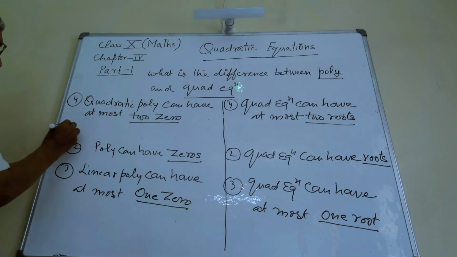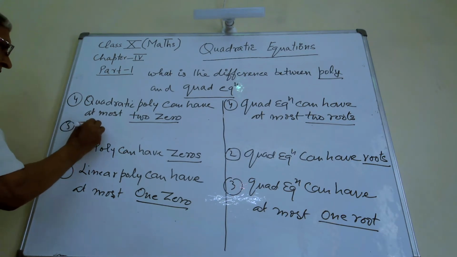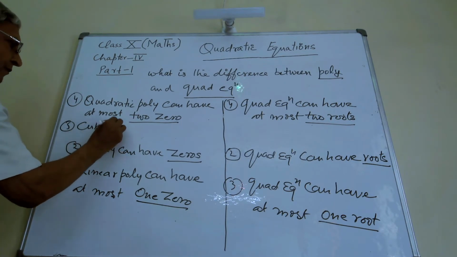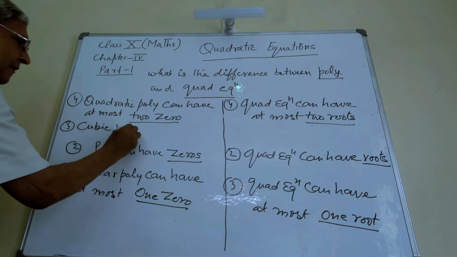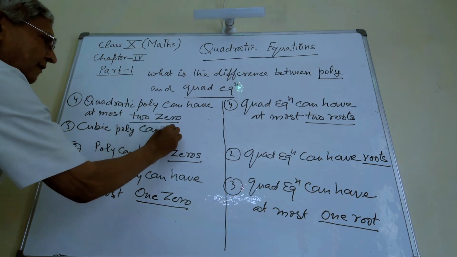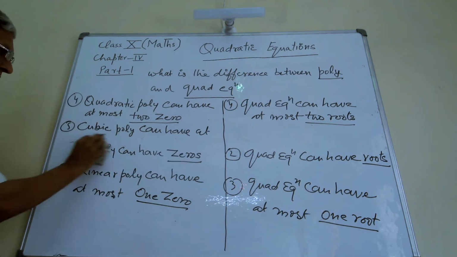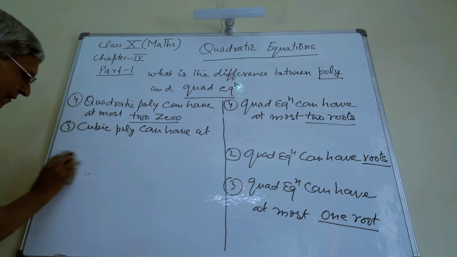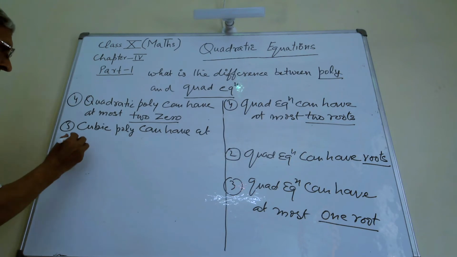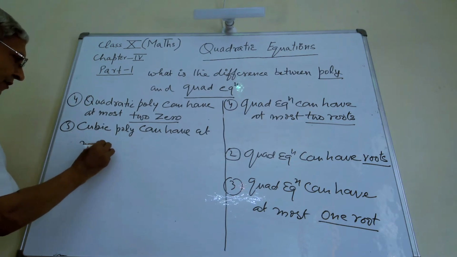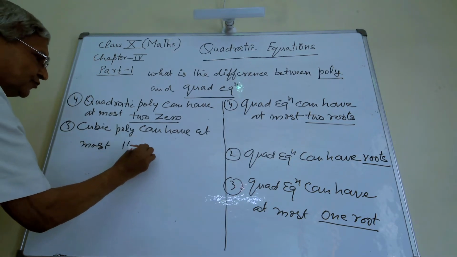Now, fifth point, a cubic polynomial can have at most three zeros.